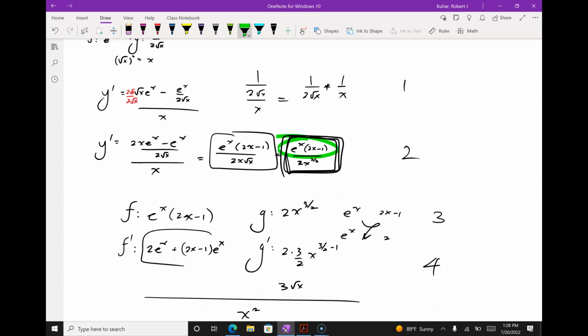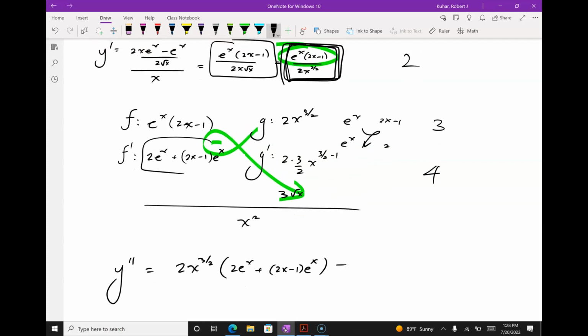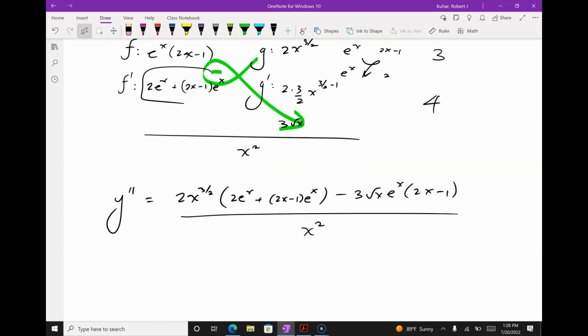So I had to do the product rule for that. Right now, I'm doing the quotient rule, right? I get this right here, quotient rule. So minus 3 square roots of x e to the x times 2x minus 1 all over x squared. Ugh. Pretty hideous. So it's definitely not what's in the book. So I have to simplify as much as I can. I'm kind of working in here first, right?